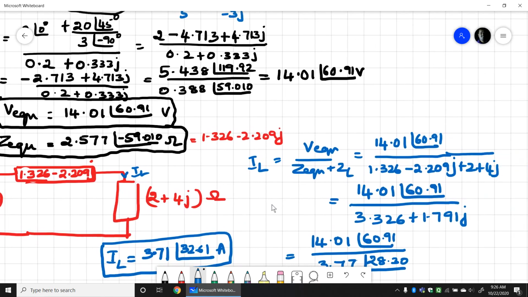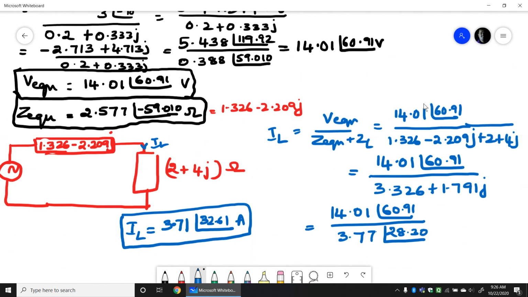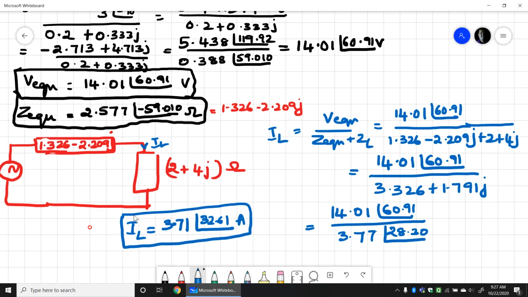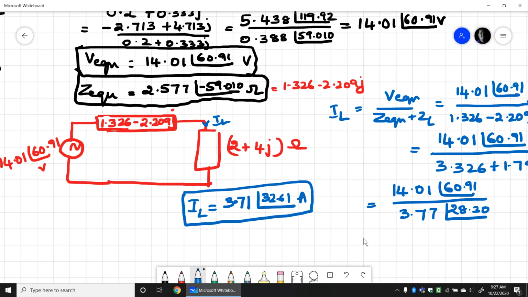Then you find the load current IL through the formula V equivalent divided by Z equivalent plus ZL, which gives the load current equal to 3.71 at an angle 32.61 amps. Okay, fine. So this is the solution for this problem.